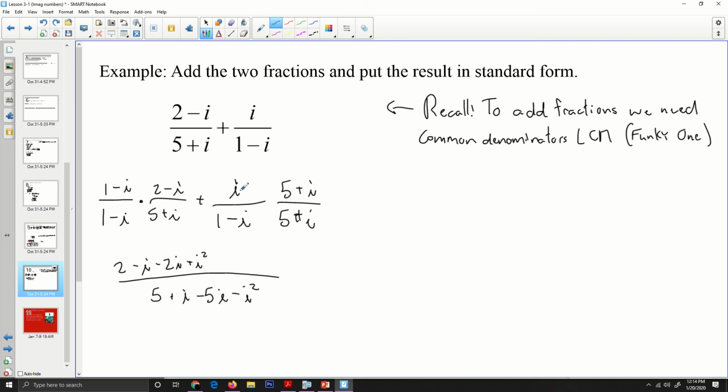Now I'm going to multiply this. Now this is just a pure imaginary number. It's just i. So I can just distribute to each term. So I have plus 5i, and then I'll have plus i squared. So this thing here, we just are going to simplify.